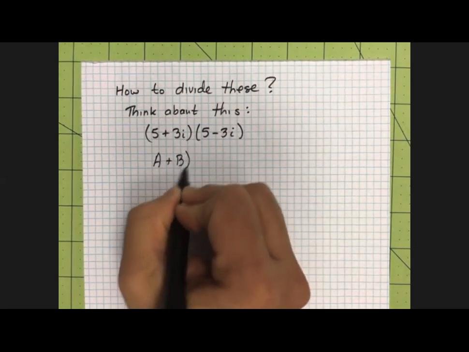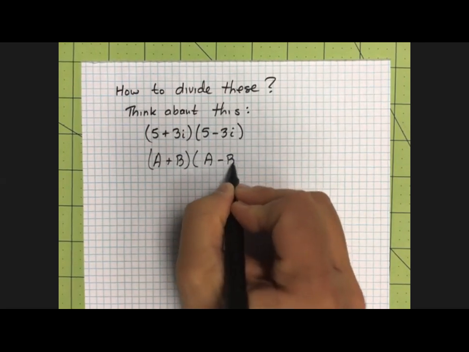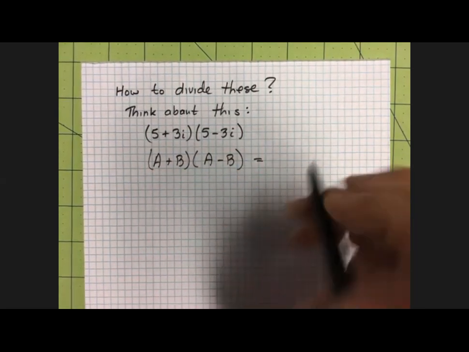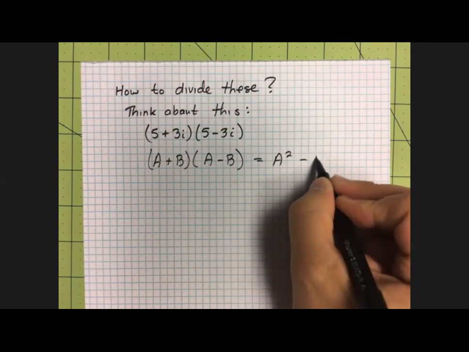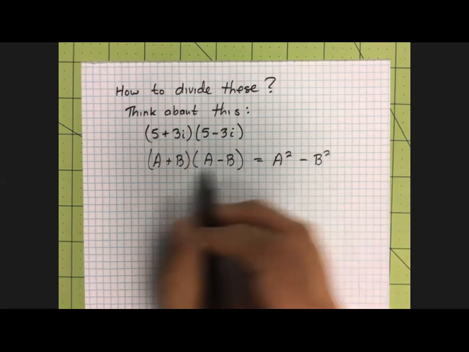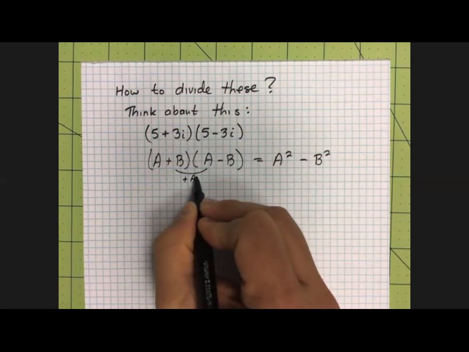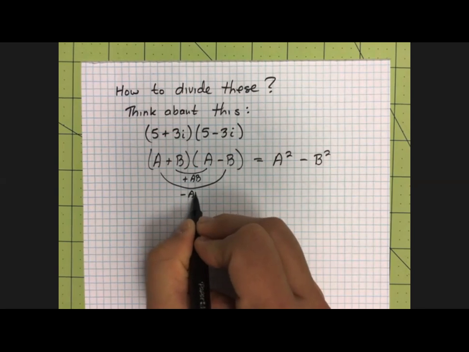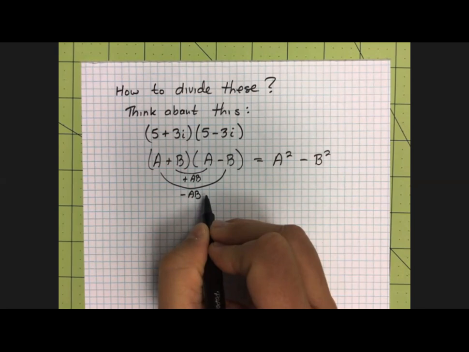Well, according to your difference of two squares formula, remember a plus b times a minus b is always a squared minus b squared. No middle term, because you have a plus ab and a minus ab. The middle terms add up to 0.